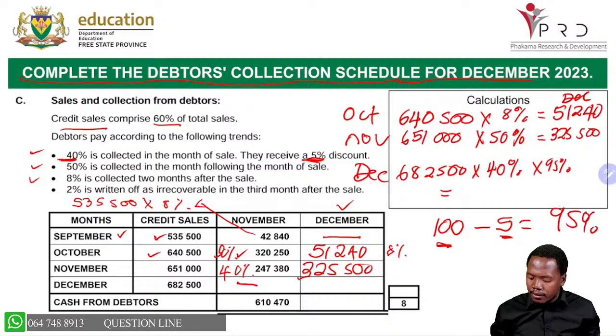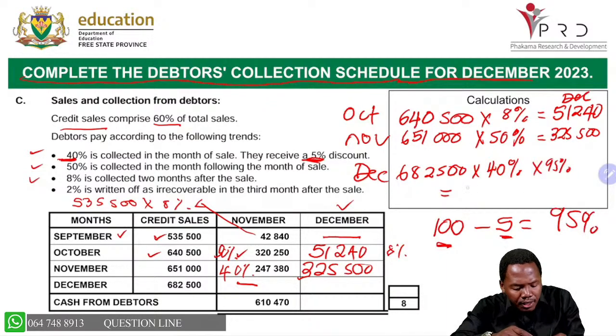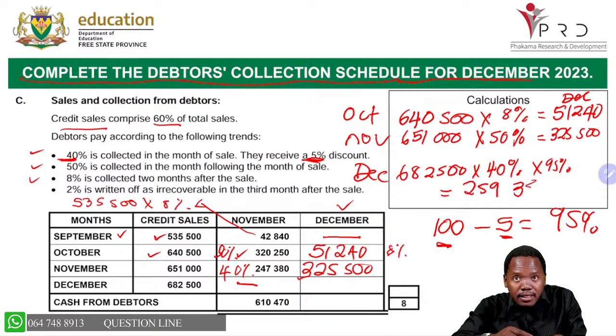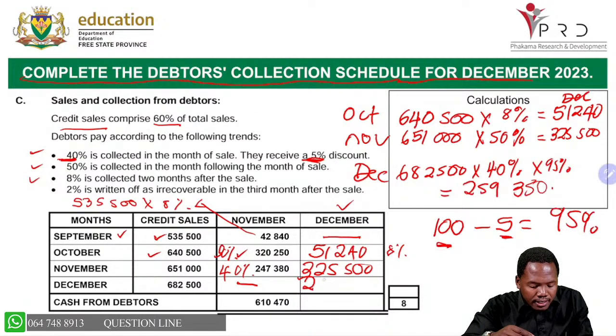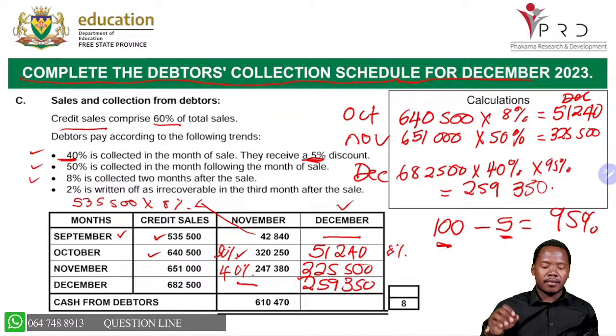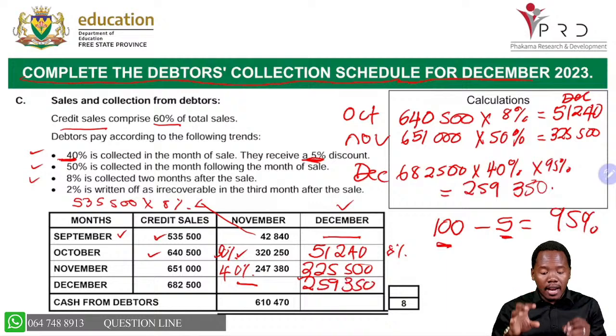So we say multiplied by 95 over 100. Then let us do our calculation now. 682,500 multiplied by 40% multiplied by 95%. Then we get 259,350. Okay, so we record it here. Now, we are going to add all our answers.